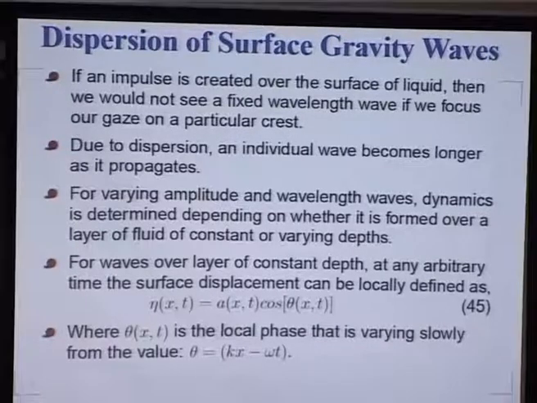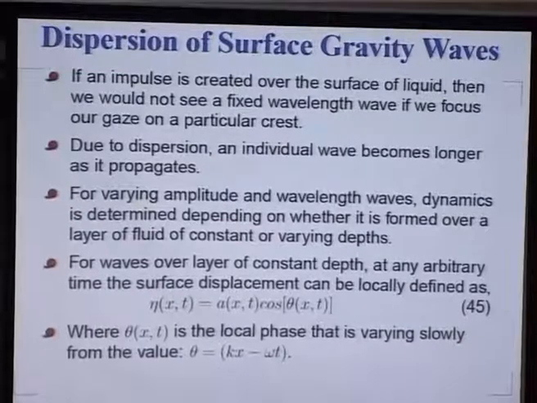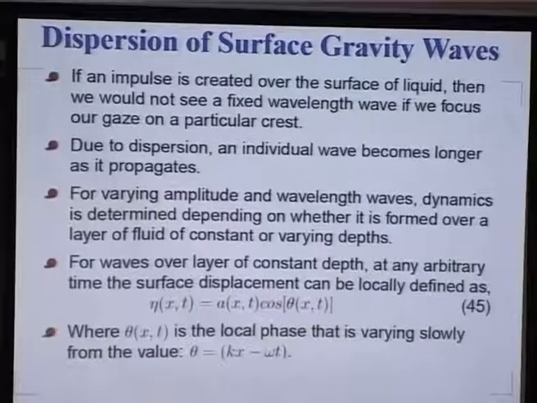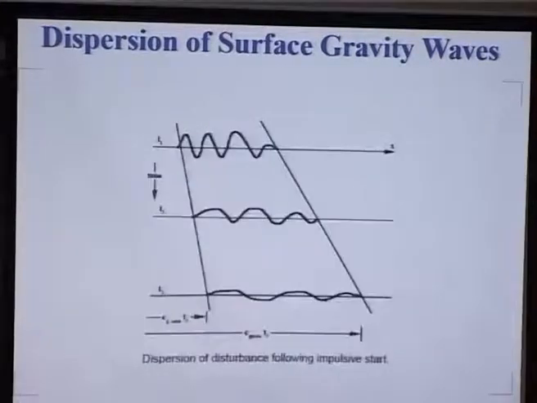How different is this theta of x and t from its slowly varying function? This will still be written like k x minus omega t, but the important point to recall here is that k and omega are changing with x. They are no more a fixed entity like what we talked about when we looked at a monochromatic wave.